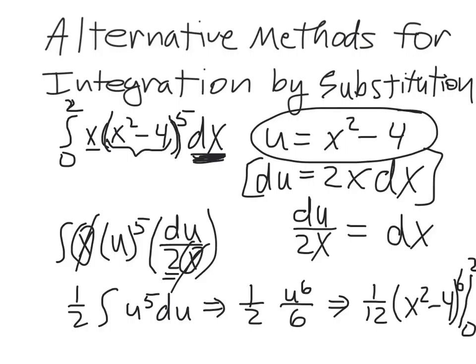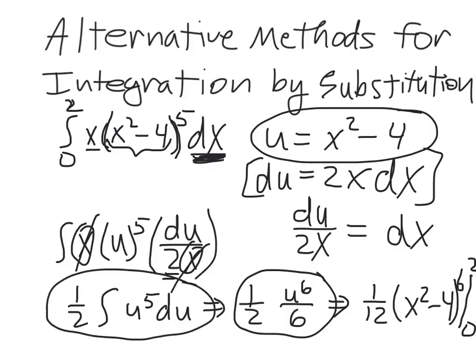Let me show you a slightly different way where we leave it in terms of u. Even back at this point, we can look at our integration limits and think in terms of our different variables. Technically, with the dx out here, we're saying x goes from 0 to 2, so our integration limits are x equals 0 up to x equals 2.